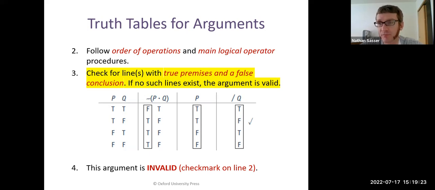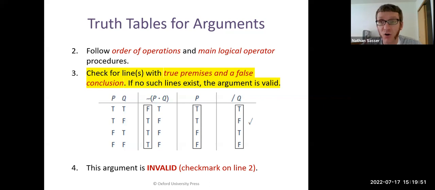Now, how do we use the truth table to evaluate the validity of an argument? Well, here's how you do it. You're going to look for lines on the truth table where all the premises are true, but where the conclusion is false. Let me say that again. You are going to look at each line of the truth table and look for lines where the main operator for each of the premises is true, but where the conclusion is false.